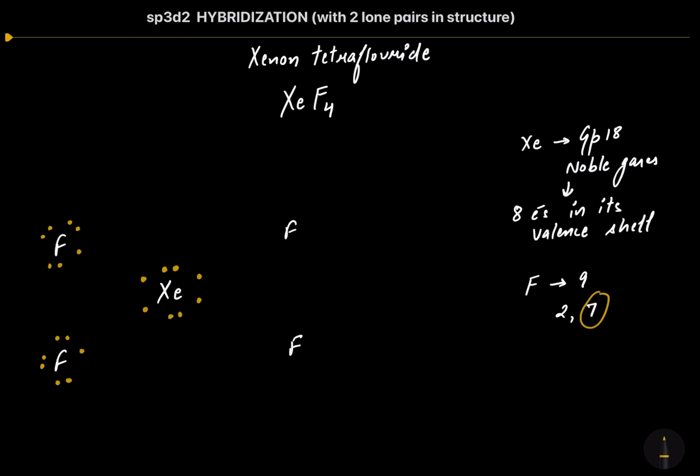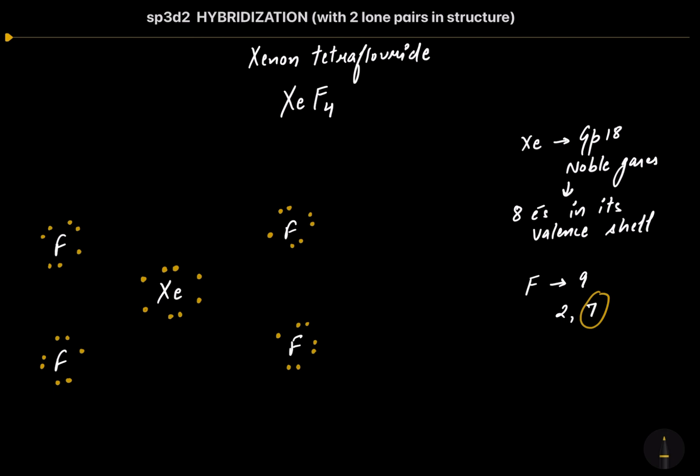Now let's come to the third fluorine, again seven electrons. Now let's come to the fourth fluorine, and mark its seven electrons as well.